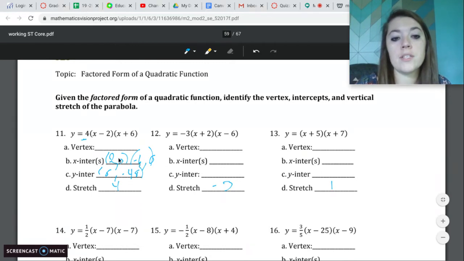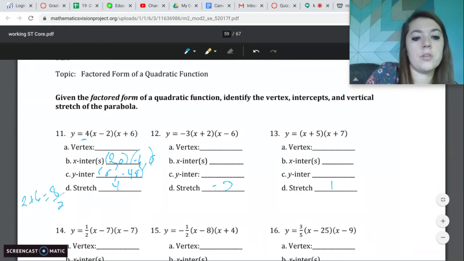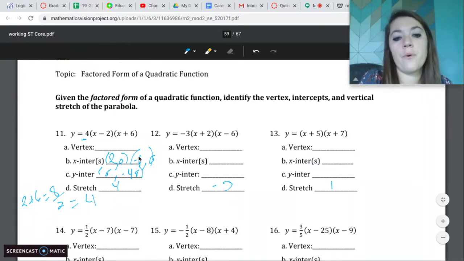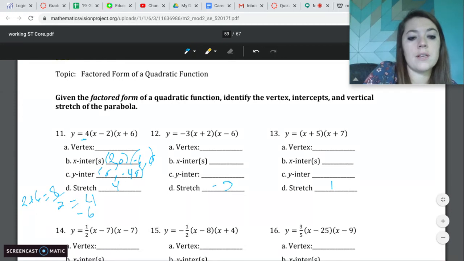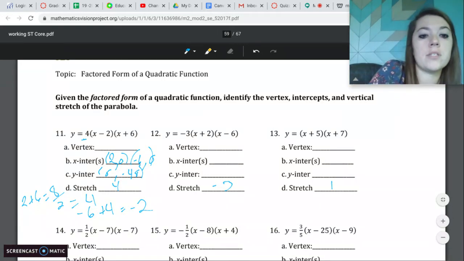If we add these two together, ignoring the negative, we'd get 8. 8 divided by 2, because we want the middle, is 4. So if we add 4 to negative 6, negative 6 plus 4 equals negative 2. Negative 2 is the exact middle between those two, which means that's the x-coordinate of our vertex.